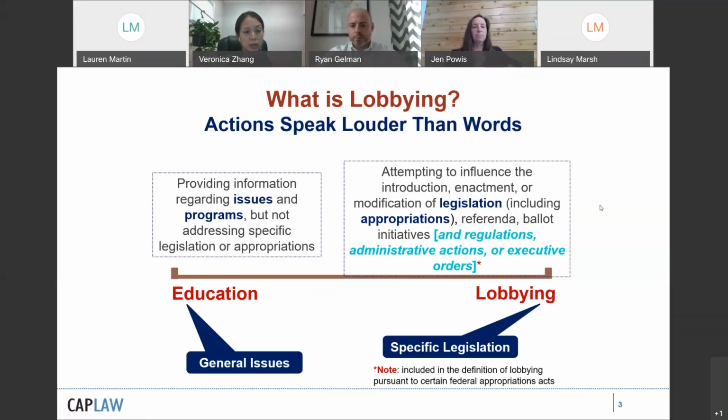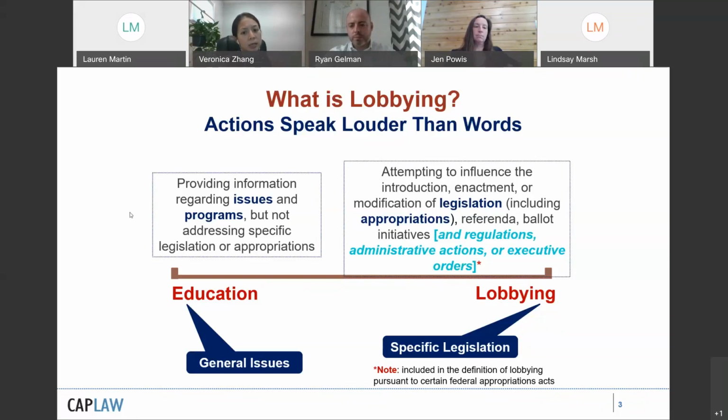And so that would be considered lobbying as well if the activity that you're trying to promote is designed to influence the enactment or modification of that legislation. And then at the very end, we've got a couple of other types of initiatives that often aren't thought about when it comes to lobbying.